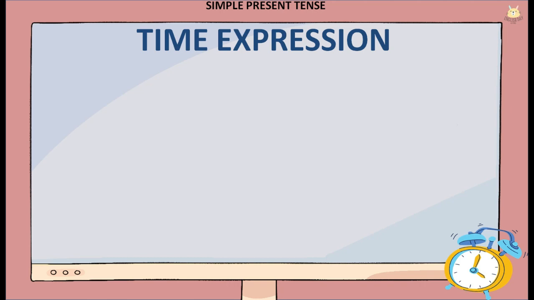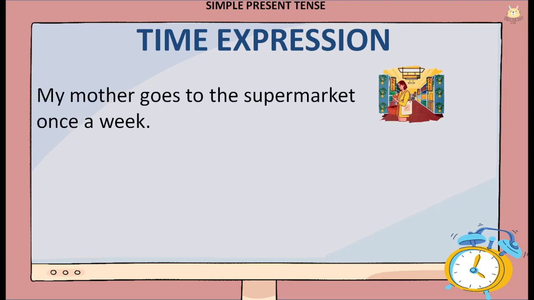Now let's move on to the next one, which is the time expression. We can use the time expression when we use simple present tense. For example, my mother goes to the supermarket once a week. Our verb is goes and our time expression in this sentence is once a week.